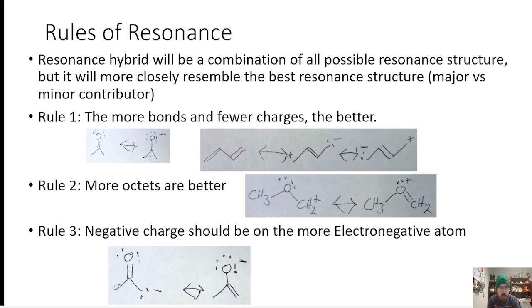Rule number 1: the more bonds and the fewer charges a resonance structure has, the better it is. In our carbonyl situation, that double bond that is uncharged is better than the single bond with 2 charges. The butadiene, with 2 double bonds and no charges, is better than 1 double bond and 2 charges.